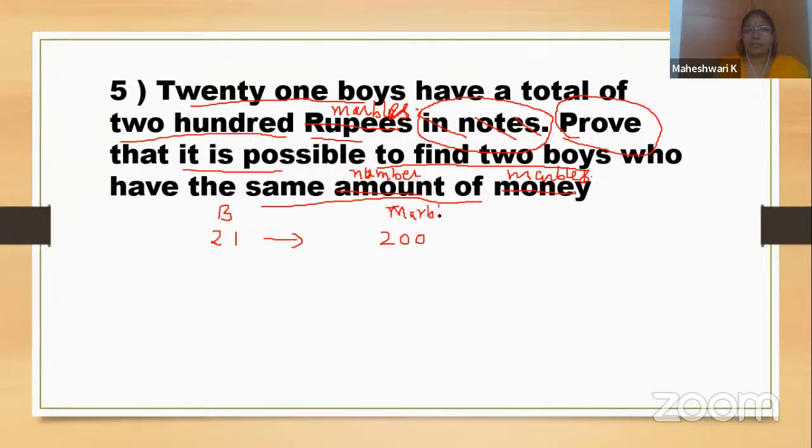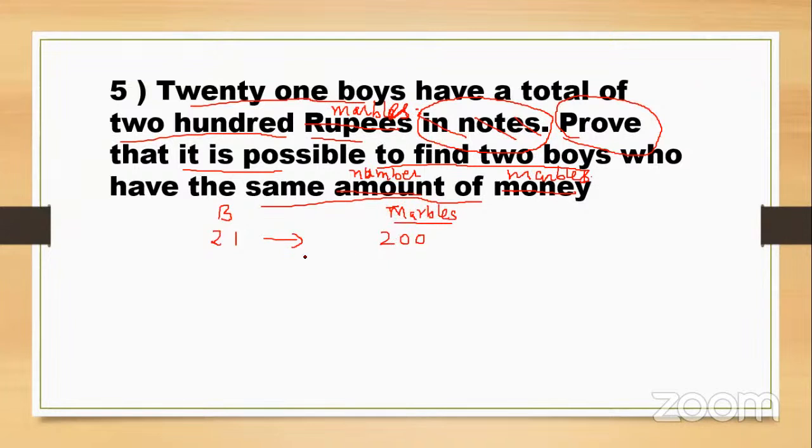Can we assume the other way, what if they don't have the same number? I should number them as 1, 2, 3 like that. Yes, we can. If one person has one marble, another two marbles, we can try it out that way.